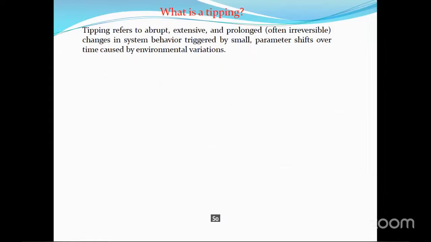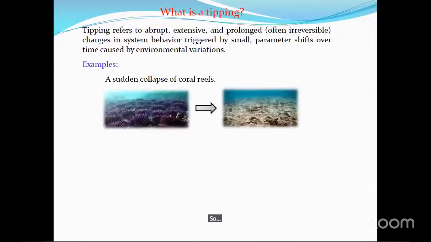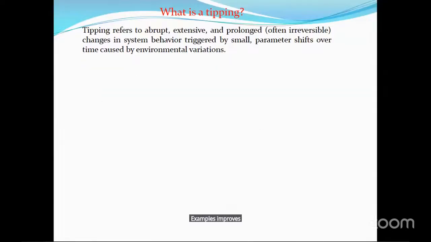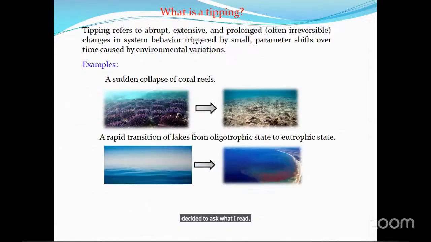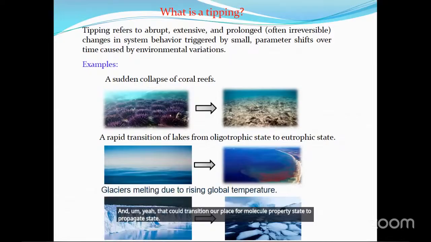Examples include a sudden collapse of coral reefs, a rapid transition of lakes from oligotrophic state to eutrophic state, and glacier melting due to rising global temperature.